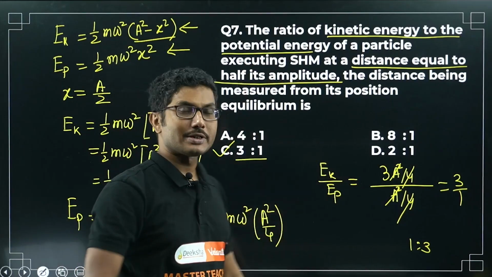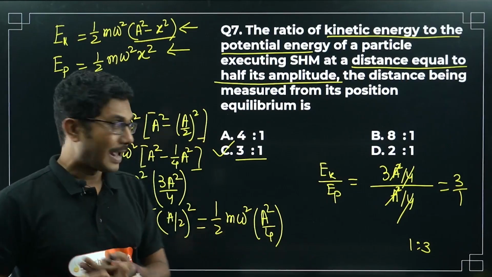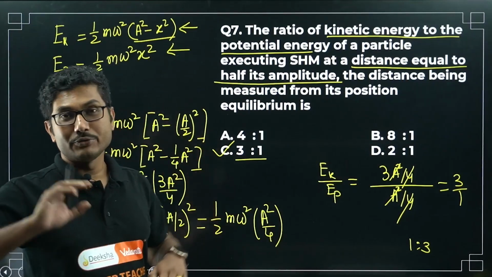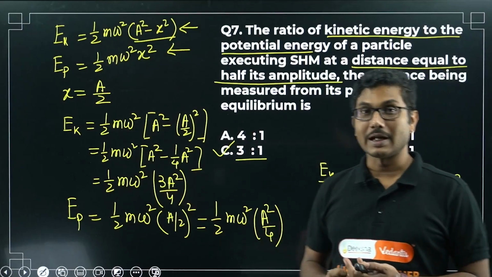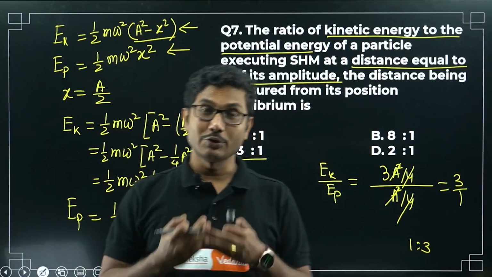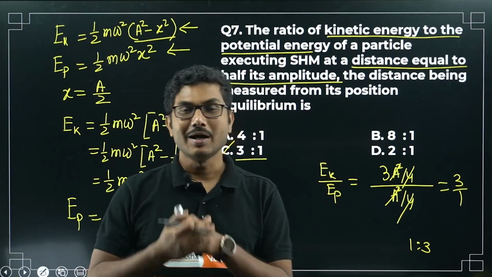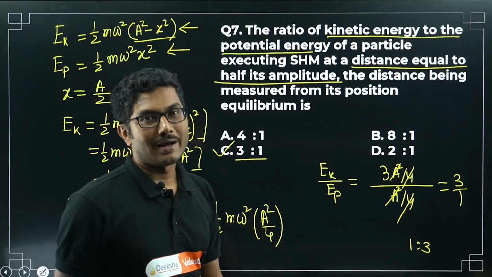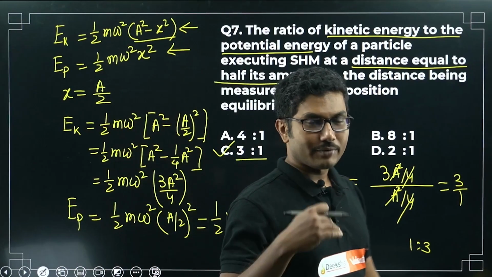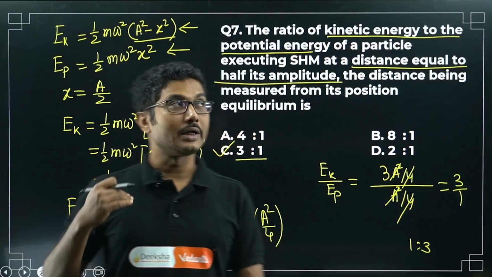If you have done the process properly and the options are not matching, but you find an answer exactly opposite to your calculated answer, then you should know the answer should be the opposite. But if they have given 1:3 also, then you will have a wrong answer. So you have to be careful when solving such questions, especially ratio related questions.